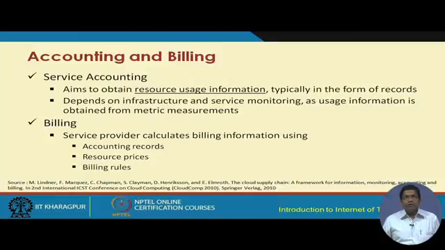Accounting records have to be kept track of, which is a core component of the accounting module. The resource prices mean the unit cost of each of these different resources, and the billing rules mean the policy by which the customer is going to be billed. All these taken together will be used for billing purposes.